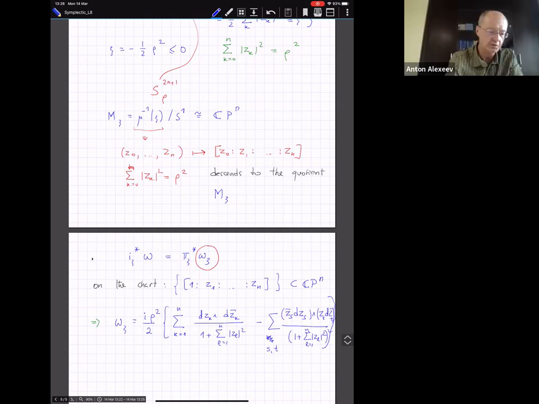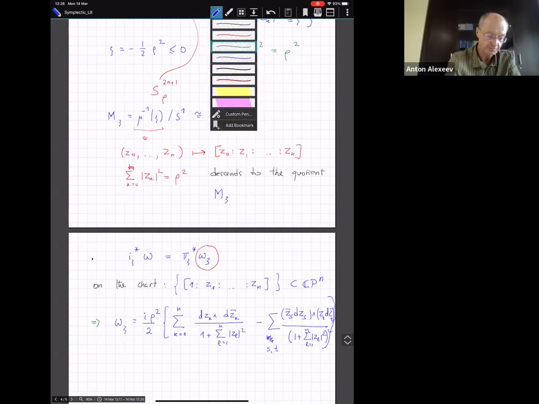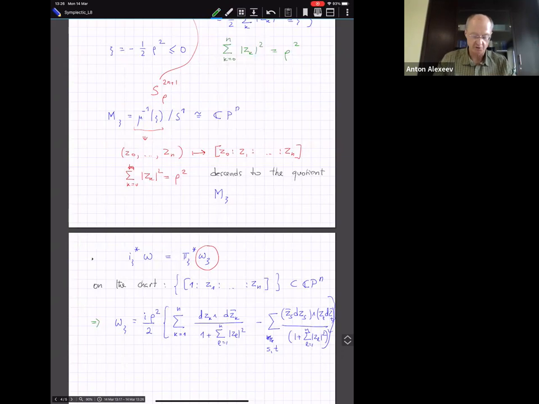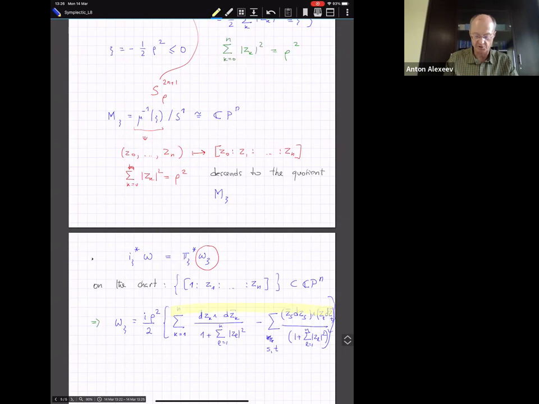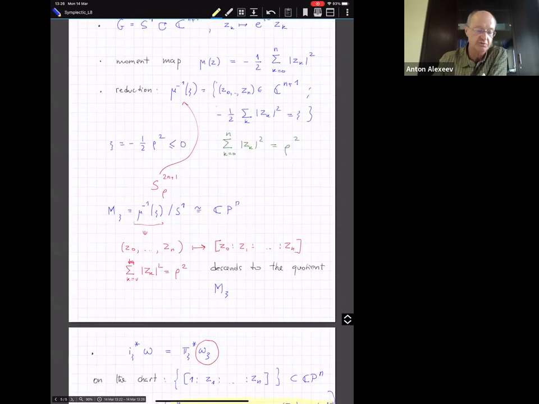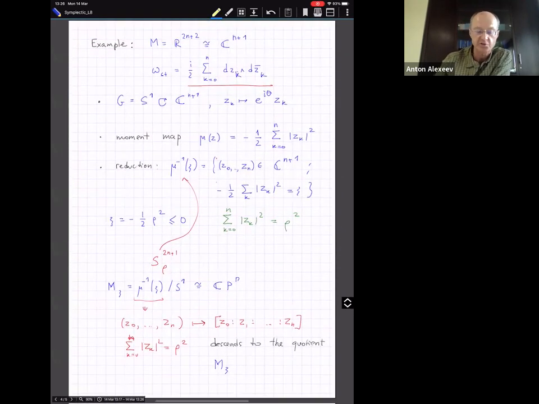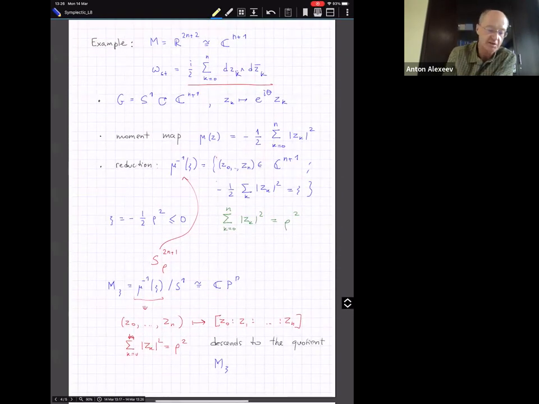Yeah. Maybe one remark though. So first of all, of course, you probably all have seen this expression, this Fubini-Study two-form, or maybe you've seen the Fubini-Study metric, and that's the corresponding Kahler form. Now, still, I think it might be an interesting experience if you've never done it. Start with this formula, which after all looks much more naive.